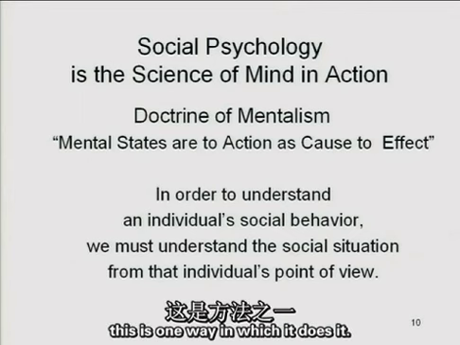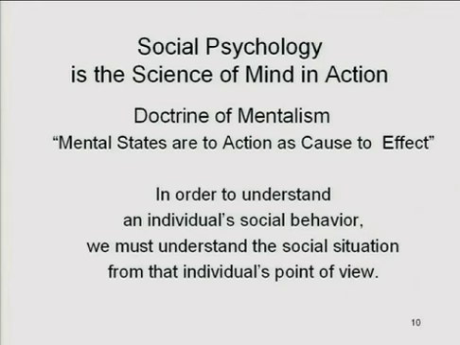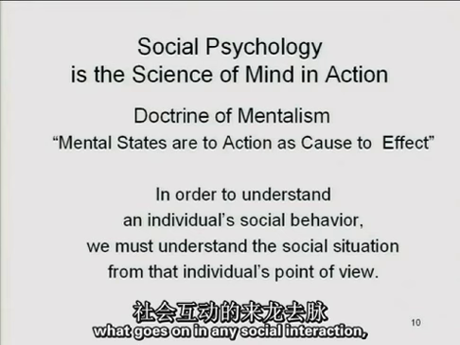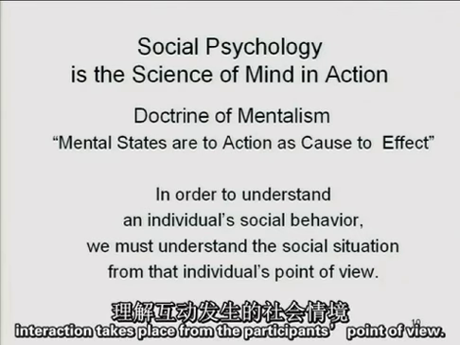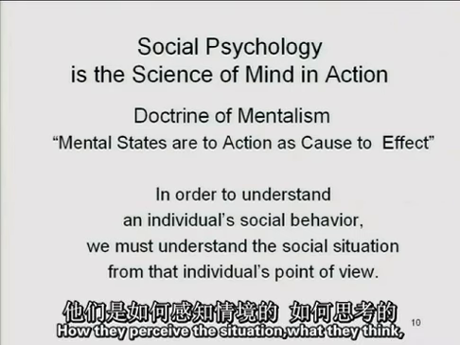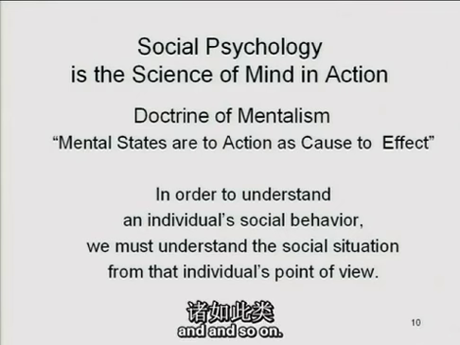This is one way in which it does it. So the general idea here is that in order to understand what goes on in any social interaction, you have to understand the social situation in which that interaction takes place from the participant's point of view. How they perceive the situation, what they think, what knowledge they bring to bear on the situation, and so on.